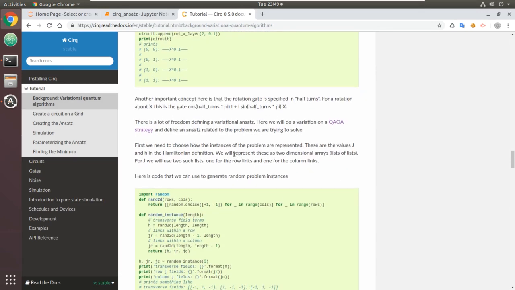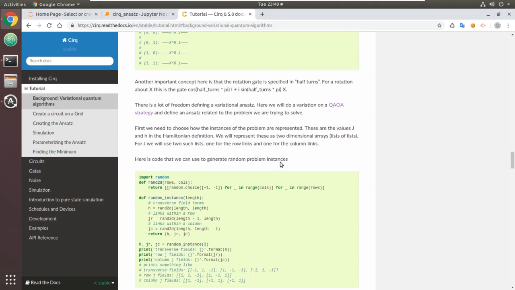First, we need to choose how the instances of the problem are represented. These are values j and h in the Hamiltonian definition. We will represent these as two-dimensional arrays, lists of lists. For j, we will use two such lists, one for the row links and one for the column links.